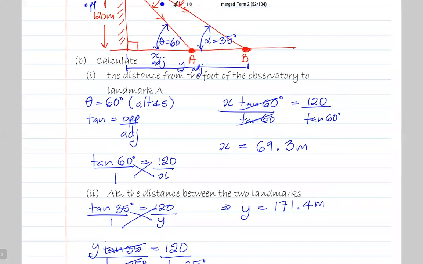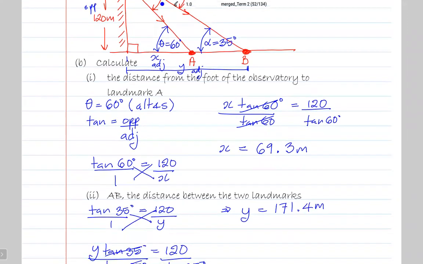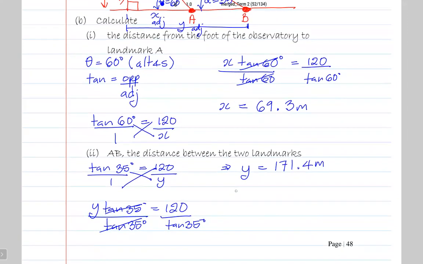And so the distance from the foot to B is 171.4. The distance from the foot to A is 69.3. So the distance AB would be equal to 171.4 minus 69.3.